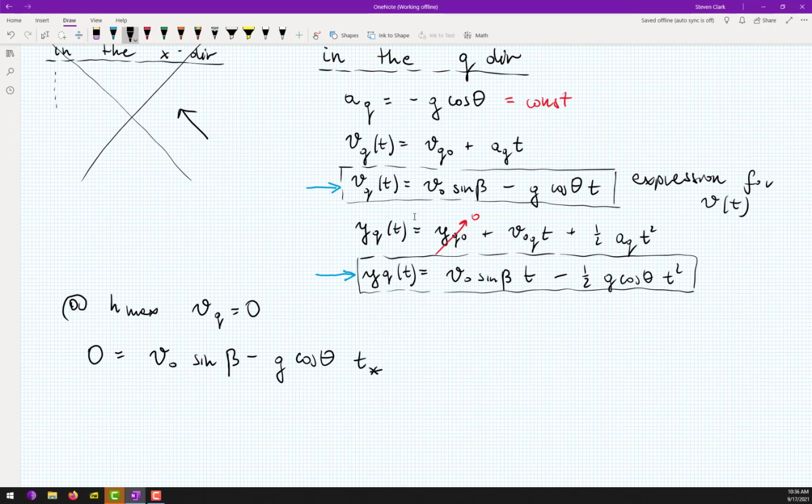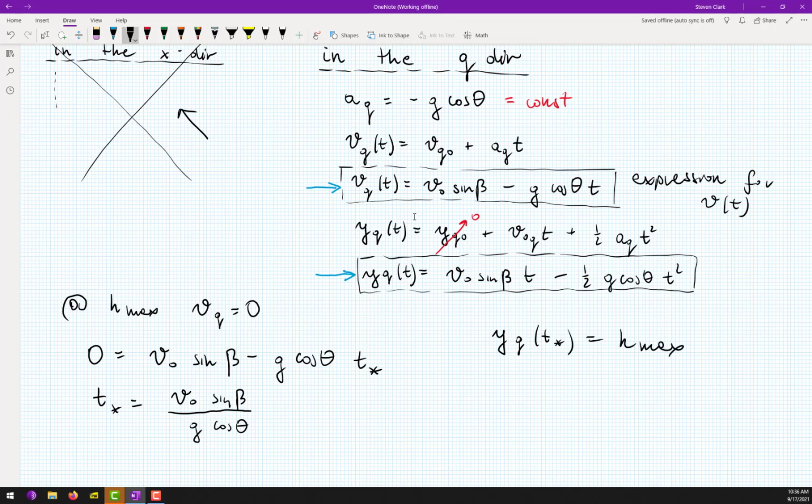So h max is obtained for t star, and t star is basically equal to v0 sine beta over g cosine theta. Okay, and now we know that y_q of t star is basically h max.